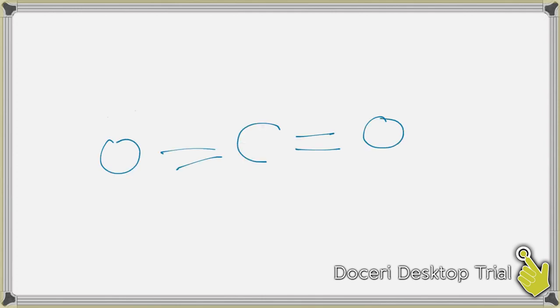And I'm asking, what is the electron geometry? How can I predict the electron geometry? I'm looking at how many electron domains are around the center atom. Electron domains around the center atom are basically groups of electrons.